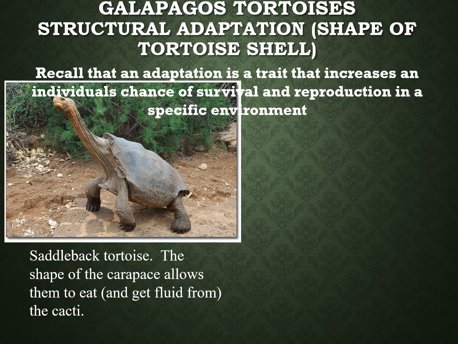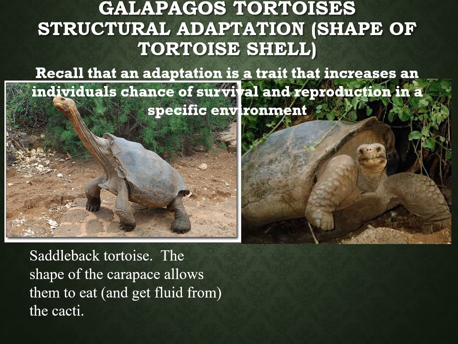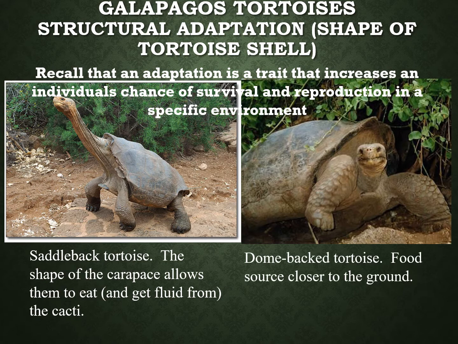So here we have the saddleback tortoise. The shape of this tortoise's shell allows it to stretch up and eat or get fluid from a cactus. And then this other tortoise, which eats different food, and its food sources are closer to the ground, has a dome-shaped shell.